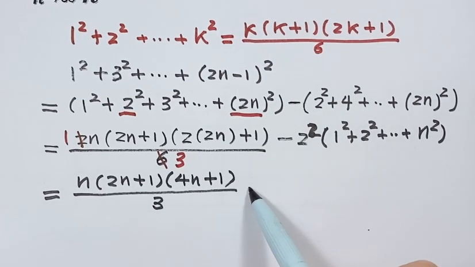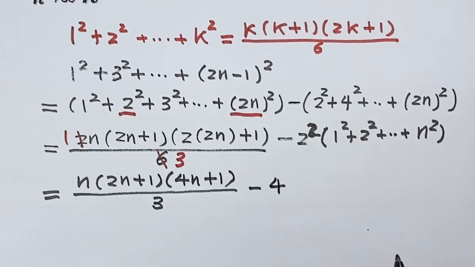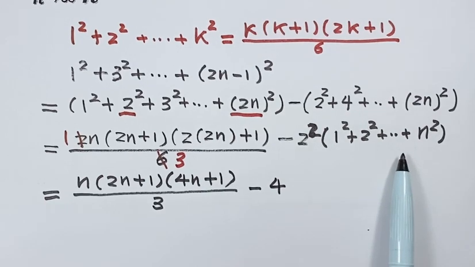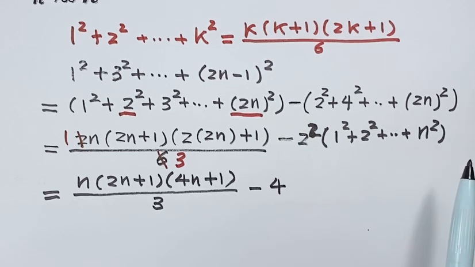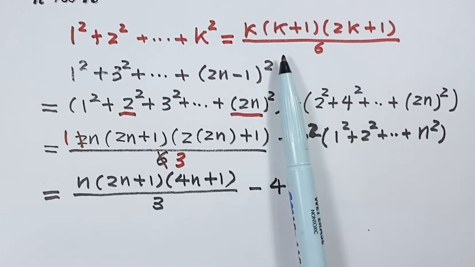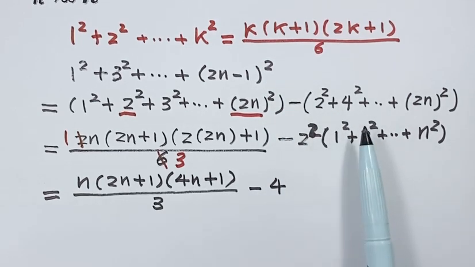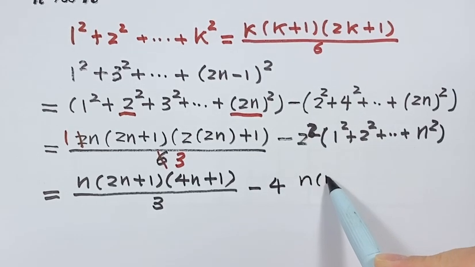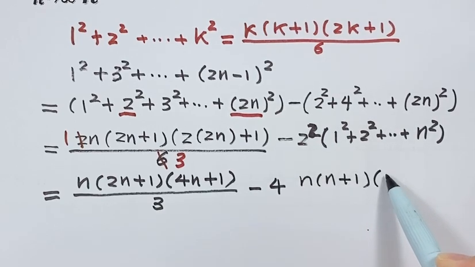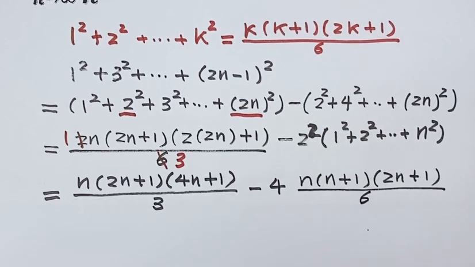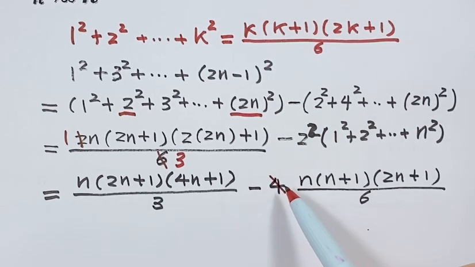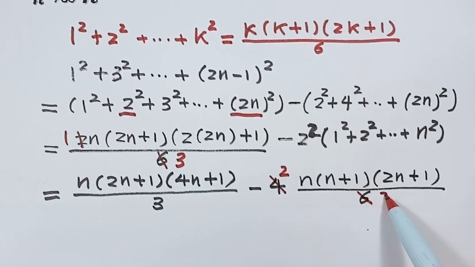For the second group, 2 squared is just 4, but here 1 squared plus 2 squared until n squared is the sum of squares of n consecutive integers, so we can use this formula with k equal n. Plug in: n times n plus 1 times 2n plus 1, divided by 6. Here 4 and 6 have common factor 2, so cancel it: here's a 2, here's a 3.